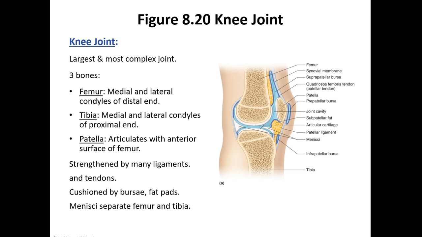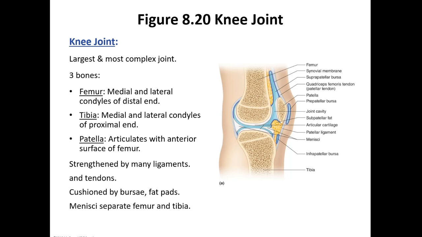This bone is more anterior to the knee. Another bone whose distal end can be found at the knee is the femur. And another bone whose proximal end can be found at the knee is the tibia.